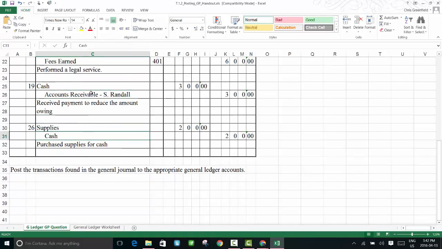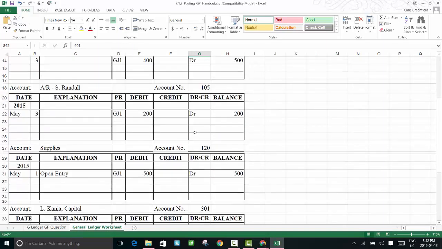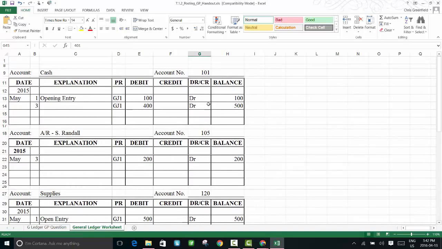Since both of those accounts currently have a debit balance, let's look at the cash account, for instance. This account has a debit balance of $500. If you were to post a credit to that account, they would then be opposite. So you would have to take the 500 and subtract off the amount of the credit.